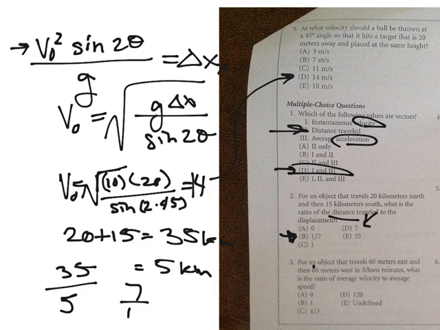Alright, for an object that travels 60 meters east and then 60 meters west in 15 minutes, what is the ratio of the average velocity to the average speed? So you really need to think, if it went 60 meters east and 60 meters west, that means the velocity is going to be 0, because it hasn't gone anywhere.